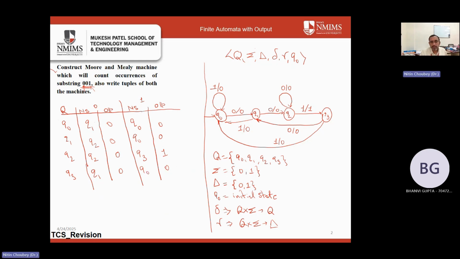So this is basically the tabular representation of the Mealy machine. Here we finish the example related to Mealy machine and Moore machine construction, wherein we are counting for the occurrence of the 001 substring in the given input.